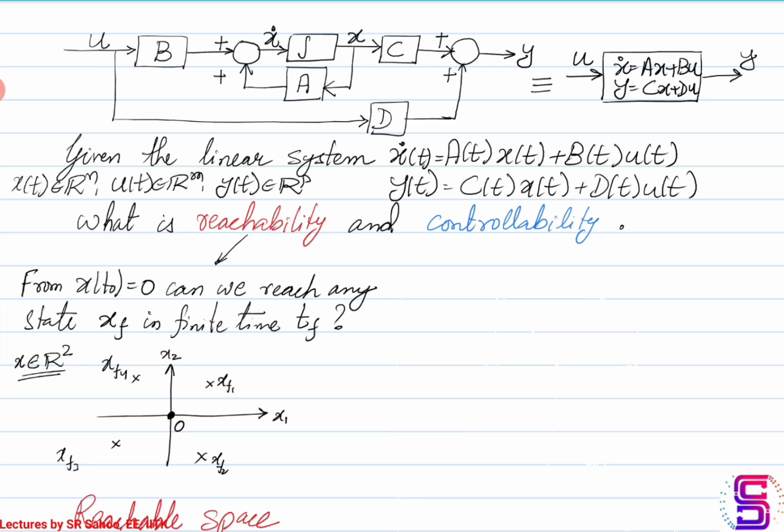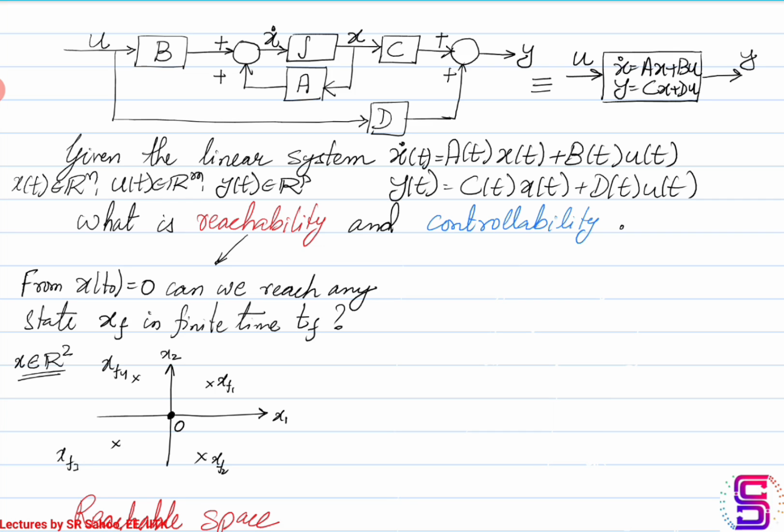We want to see all those points through which a possible solution trajectory of x can pass for a suitable input u. Now, this continuous time input u that you select will of course be possibly different for different final states that we are considering, or the states through which it should pass at time t equal to tf.